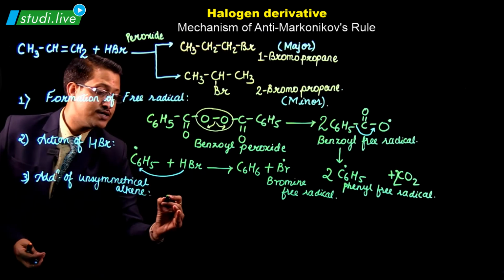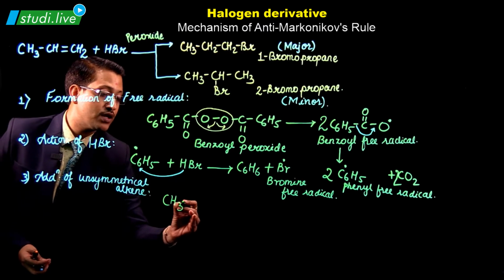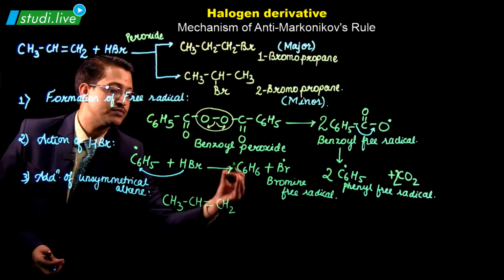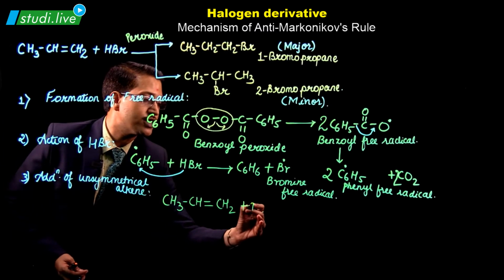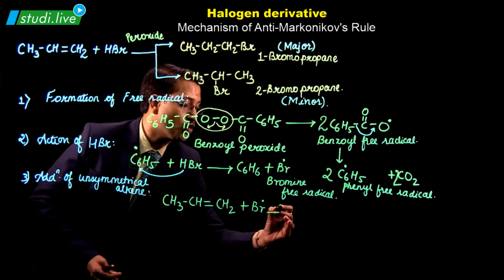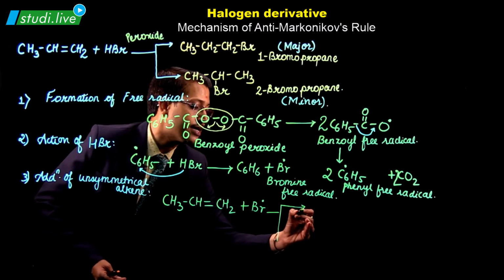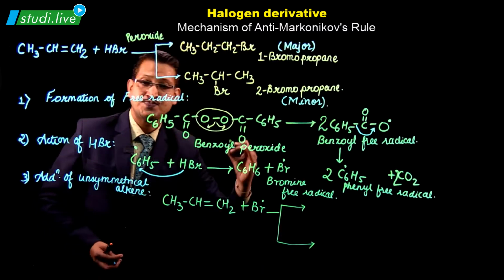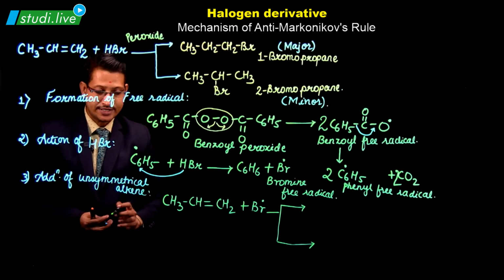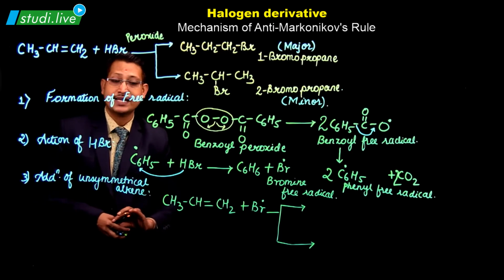Let's begin. CH3, CH, double bond CH2 plus this is here bromine free radical. Now when this is reacting with bromine free radical, again there are 2 possibilities. Now this is something very interesting. Again there are 2 possibilities. Now when there are 2 possibilities, what exactly happens?